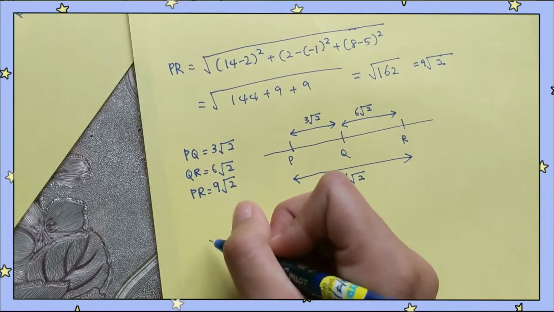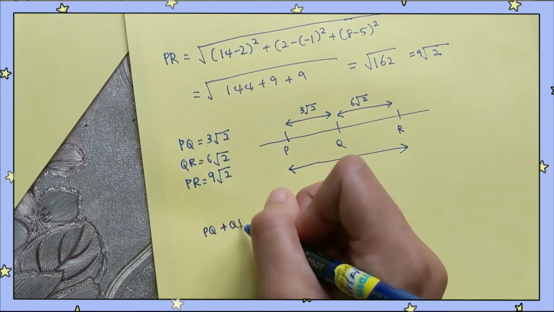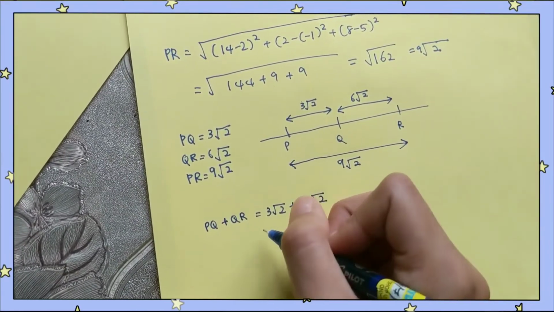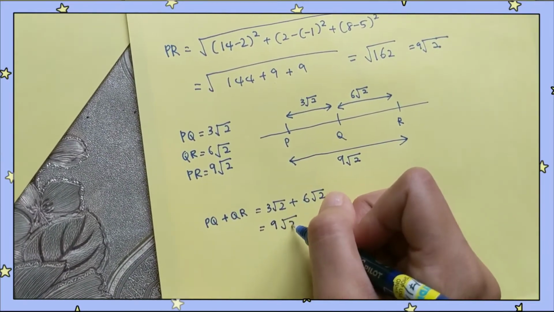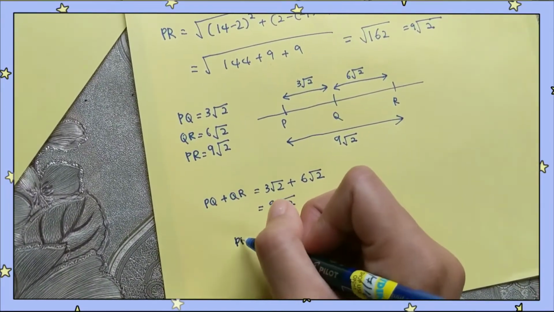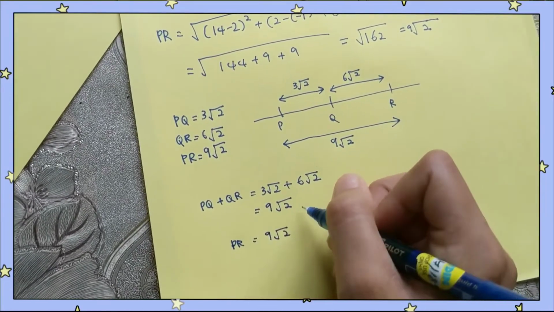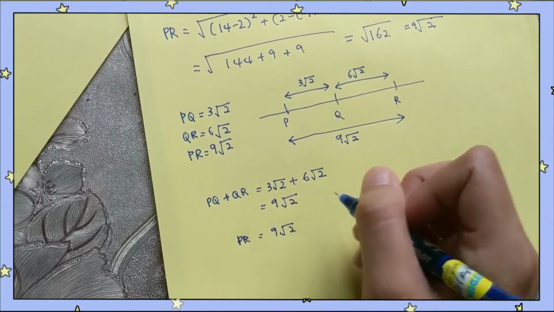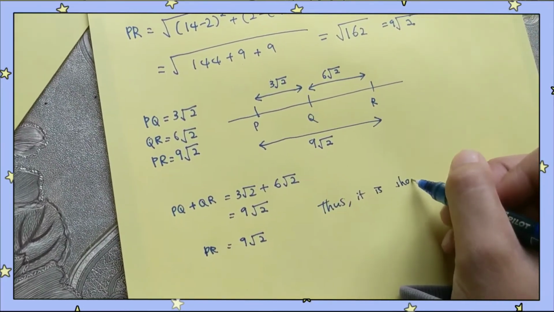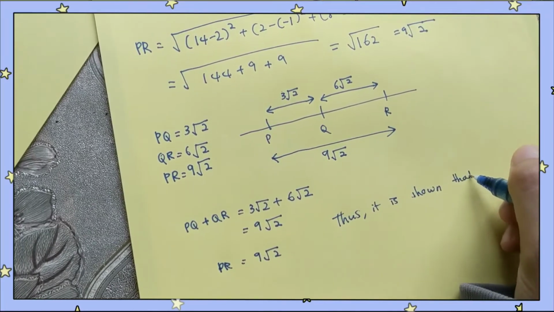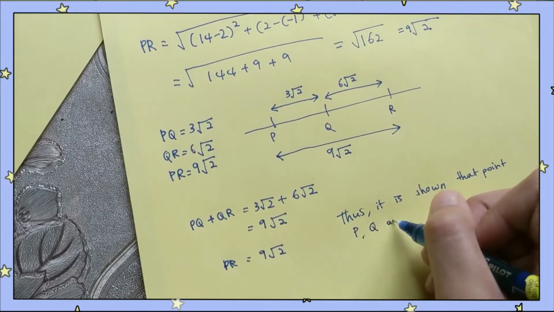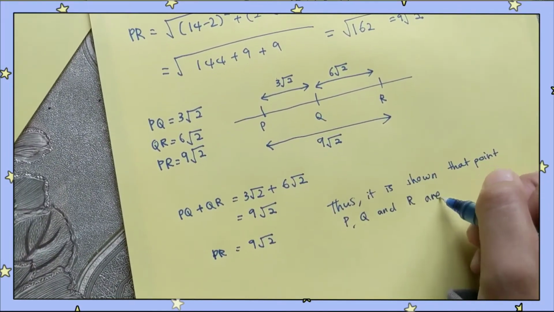So let's find out. PQ plus QR. We got 3 square root 2 plus 6 square root 2, which is 9 square root 2. Wow, we got the answer. PR is also 9 square root 2. So basically, it is the same. Thus, it is shown that points P, Q, and R are collinear.